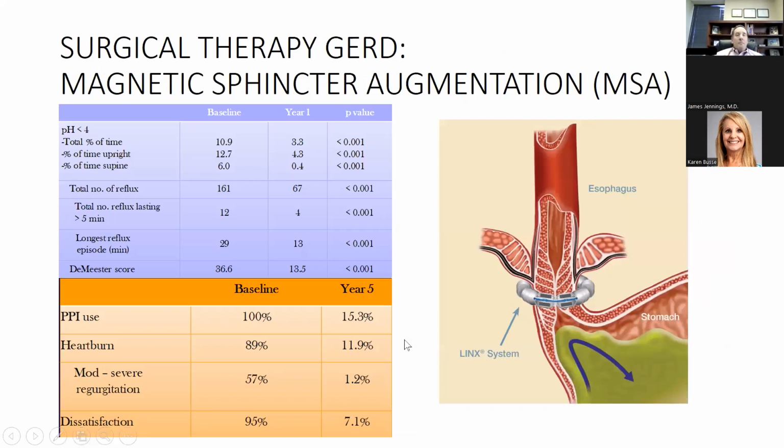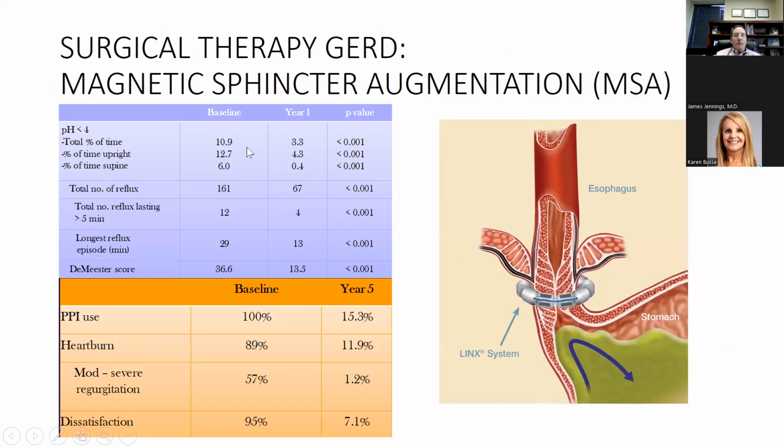Another less invasive option surgically for reflux disease is this magnetic ring that goes around the EG junction where the lower esophageal sphincter is.